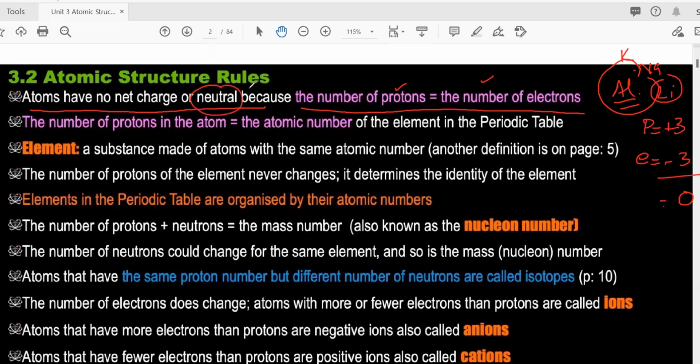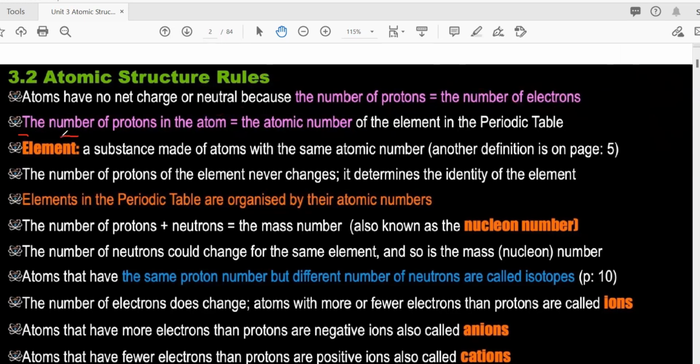An atom does not have any charge. Why? Because the positive charge of the protons is cancelled by the negative charge of the electrons, since they are equal in number. So the first rule is that in an atom the number of protons and electrons is the same, so it doesn't have any charge. This is rule number 1.